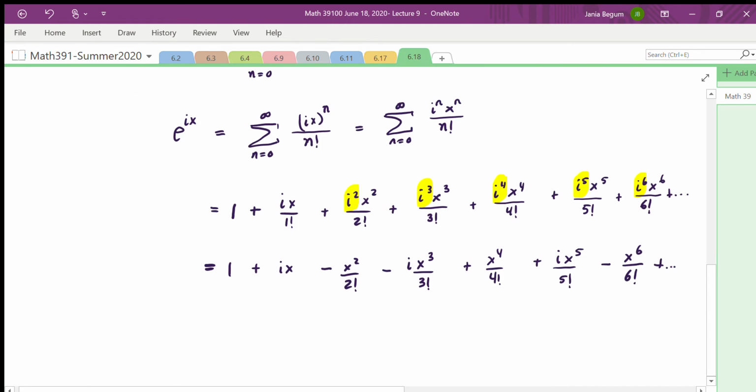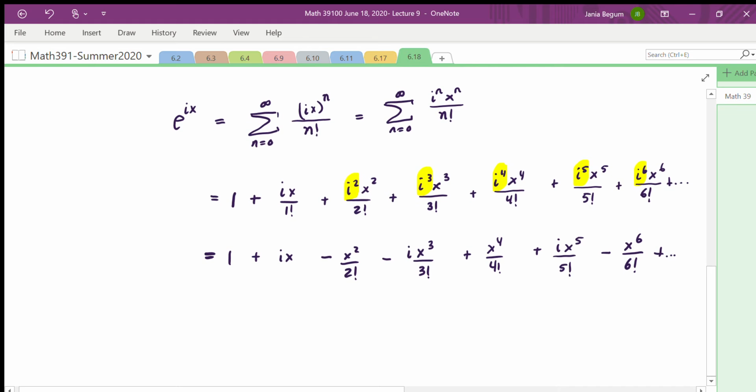And now I'm going to group them by looking at like terms. So I'm going to combine terms involving i in one parenthesis and terms without i into another parenthesis. Okay? So the terms that involve i are this one and this one.